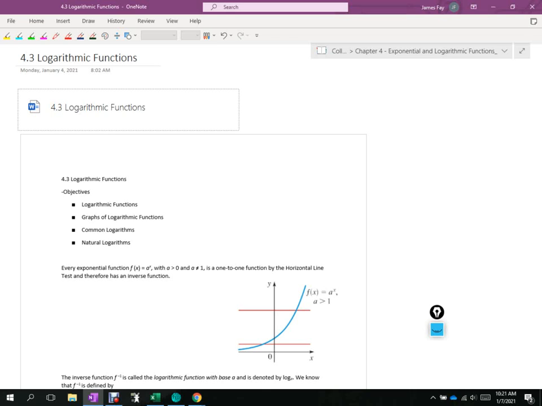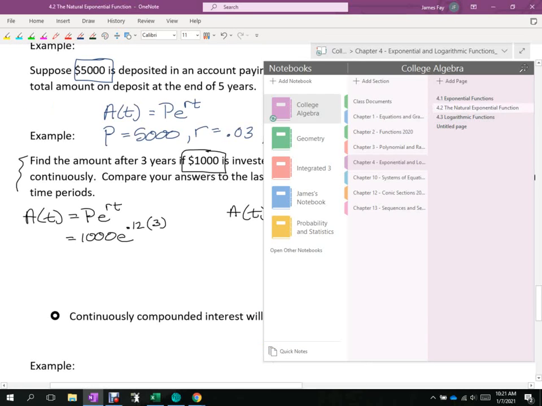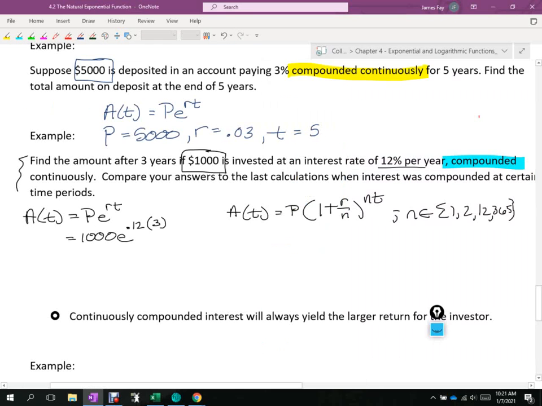Basically, what we're going to be able to do with a logarithm is, if we go back to one of these questions, like this situation right here, let's say that I want to have $3,000 in this account. I'm going to invest $1,000, and I know the bank is giving me a 12% interest rate.